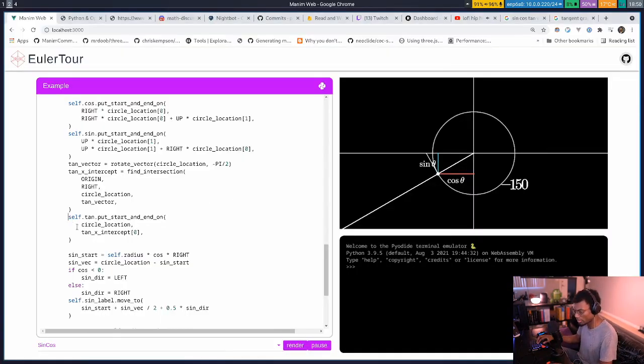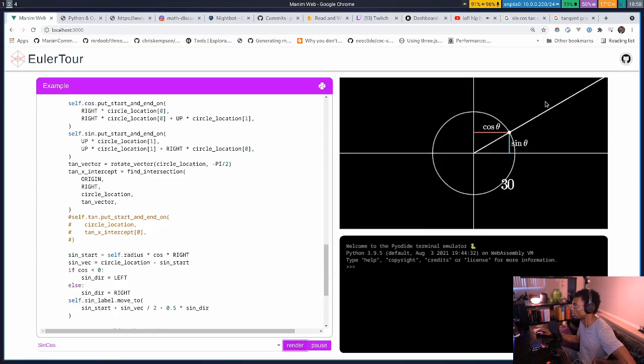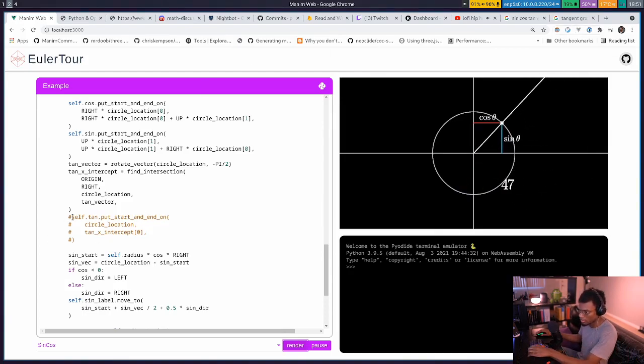But I wonder if I just commented this, it would run that much faster. Guess it's not a huge amount faster. There are a lot of optimizations that I can still run for this.